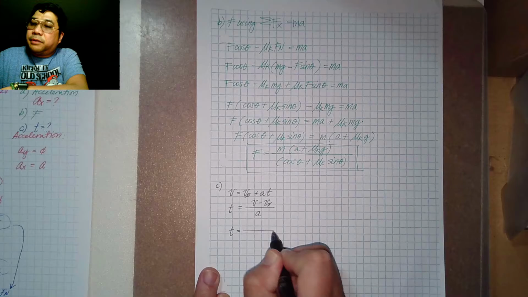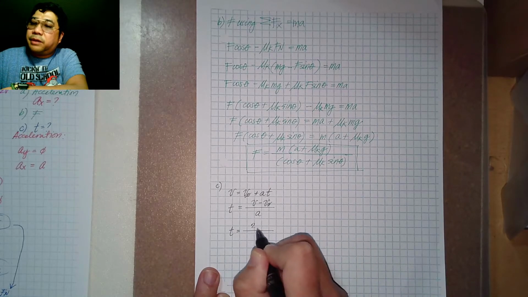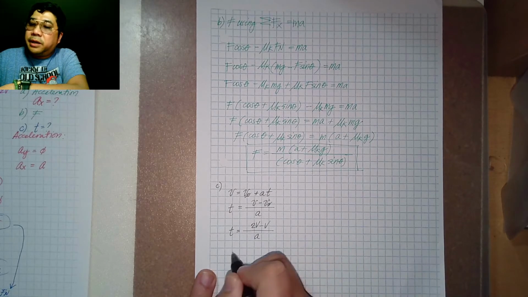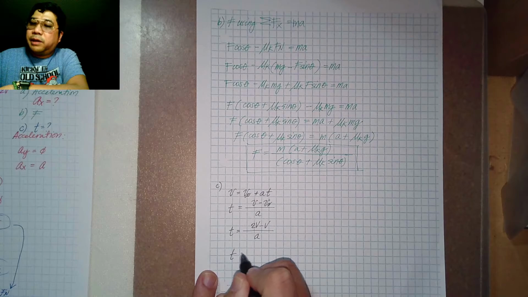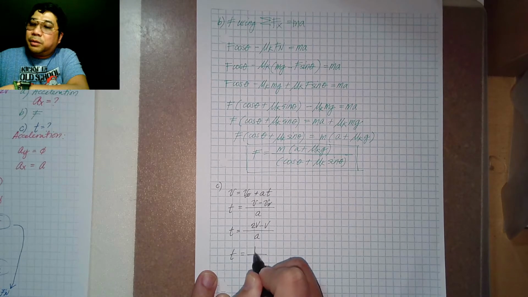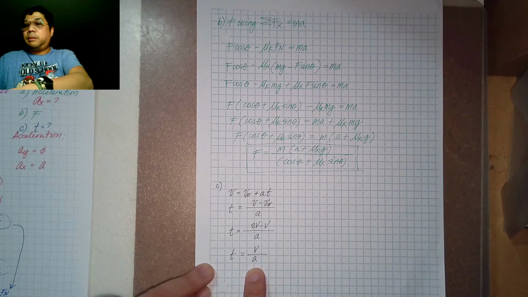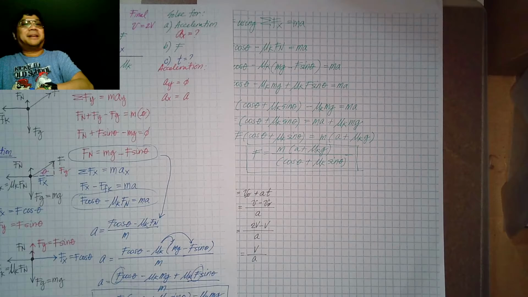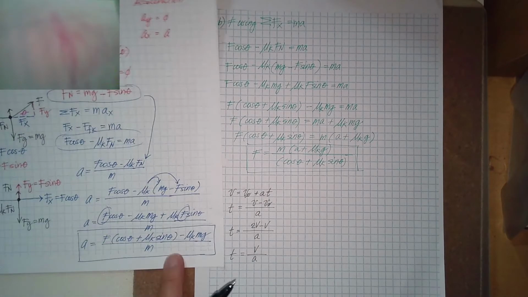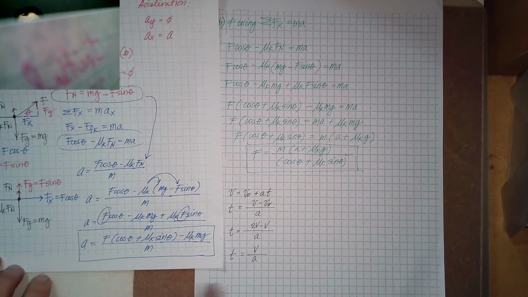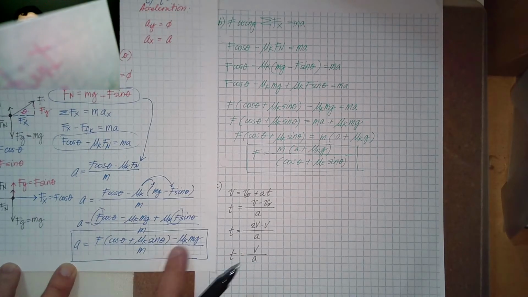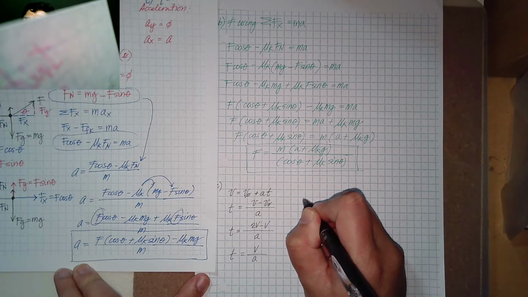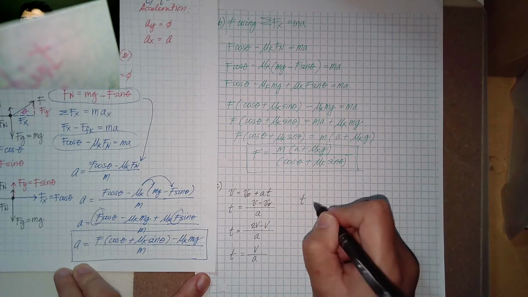Now we know that the initial velocity is v and the final velocity is 2v, so 2v minus v over acceleration. So we can say the time is simply equivalent to v over a. But we know that acceleration is also equivalent to this whole component that we have to add. So let me write it here so we could all see.